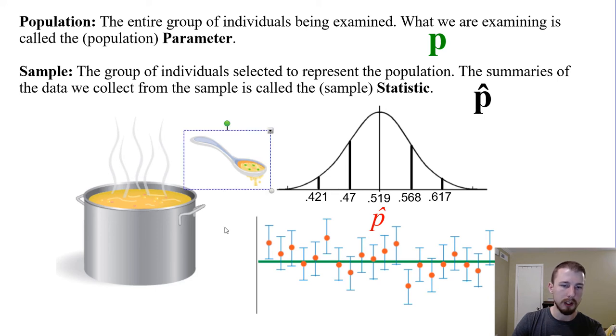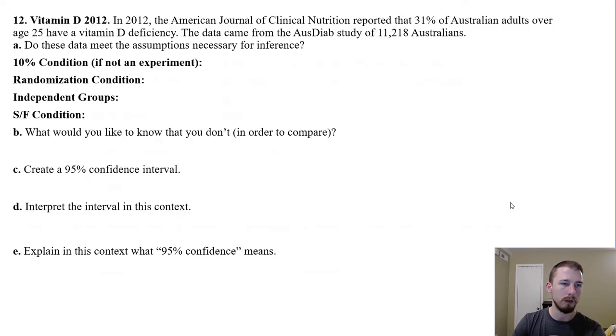It's our samples that are going to vary from sample to sample. From our sample, which is our best estimate, we create our confidence intervals, which will successfully capture the true proportion whatever percent of the time, depending on whatever level of confidence we use for a confidence interval.